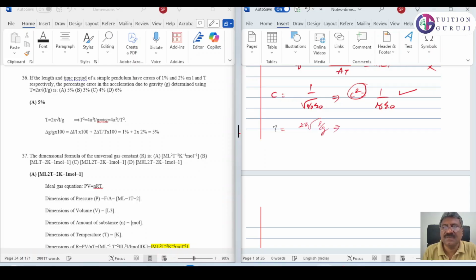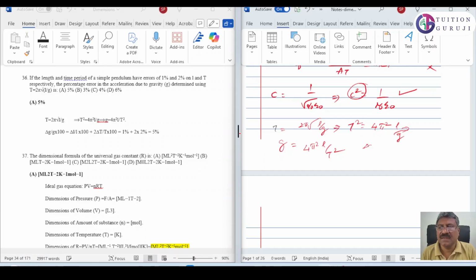So T square is equal to 4 pi square L by g. We want to find the percentage error in acceleration due to gravity, which implies g is equal to 4 pi square L by T square.